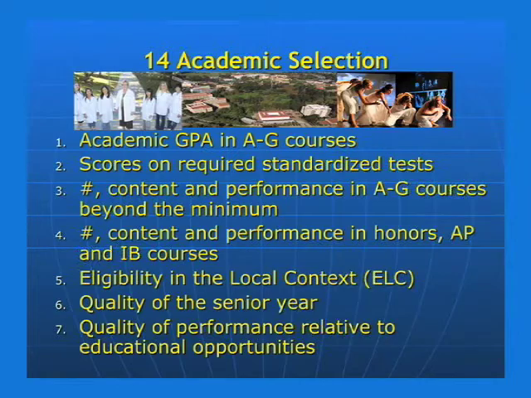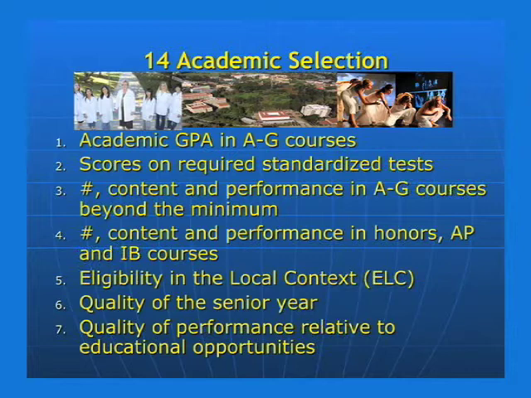We're also looking for what we call qualified on track, or QOT, which is the top 10% of the student's graduating class. 6, the quality of the senior year, and this will also include the rigor in which the student is taking honors, advanced placement, or international baccalaureate courses, in addition to college-level courses.